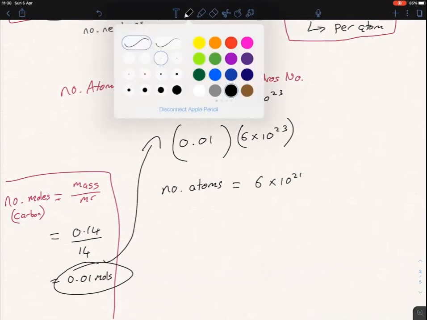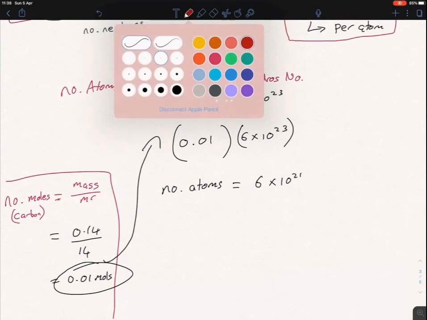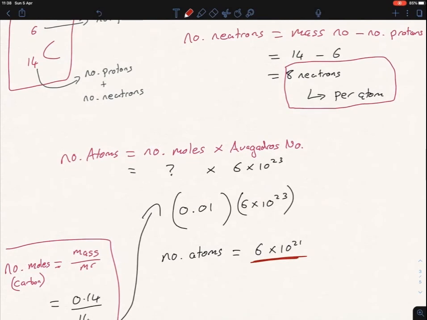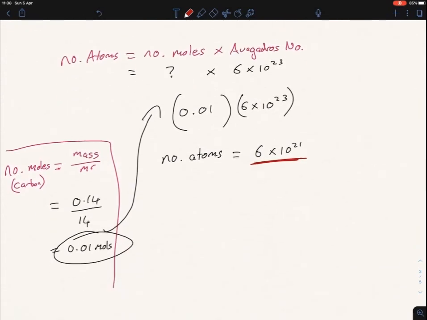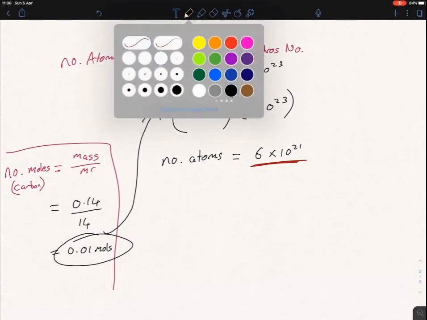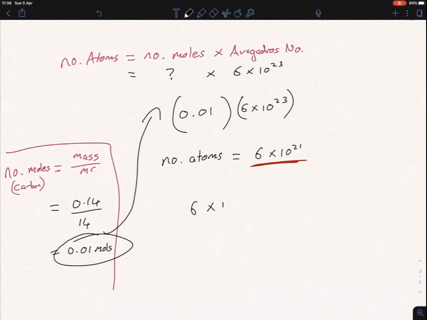Now, we're actually not finished. We now know the number of atoms, that's grand, and we know that there's 8 neutrons per atom. So we want to figure out the total number of neutrons. The total number of neutrons would have to be 6 times 10 to the power 21 multiplied by 8.